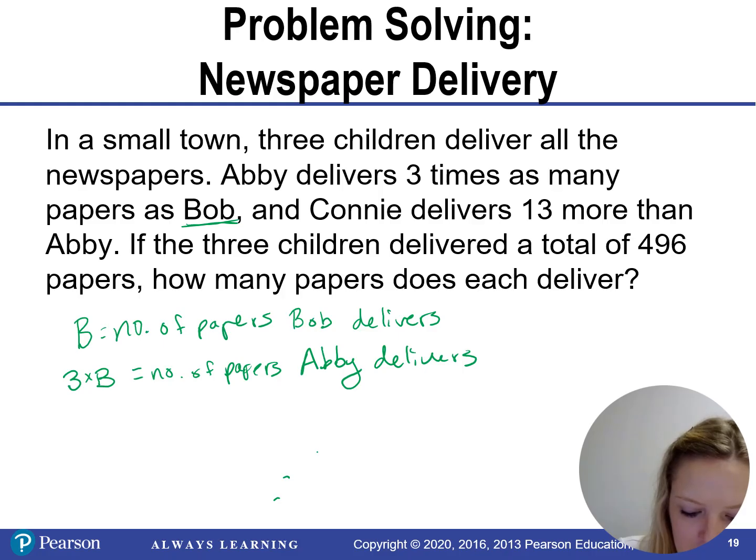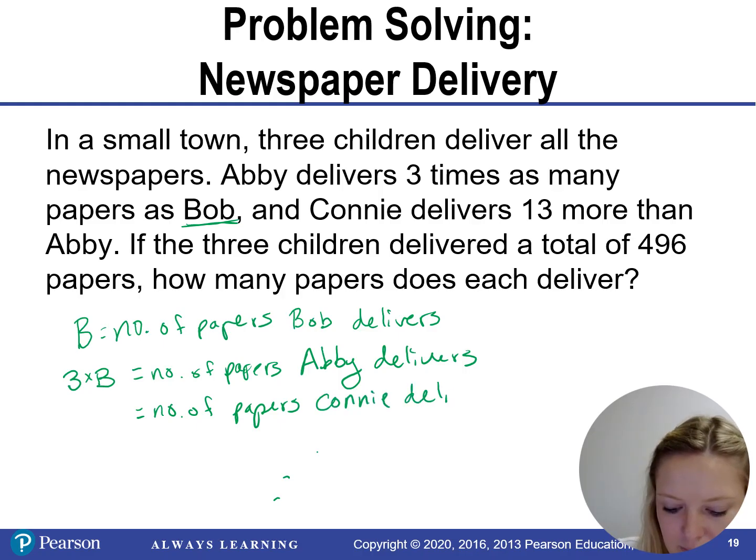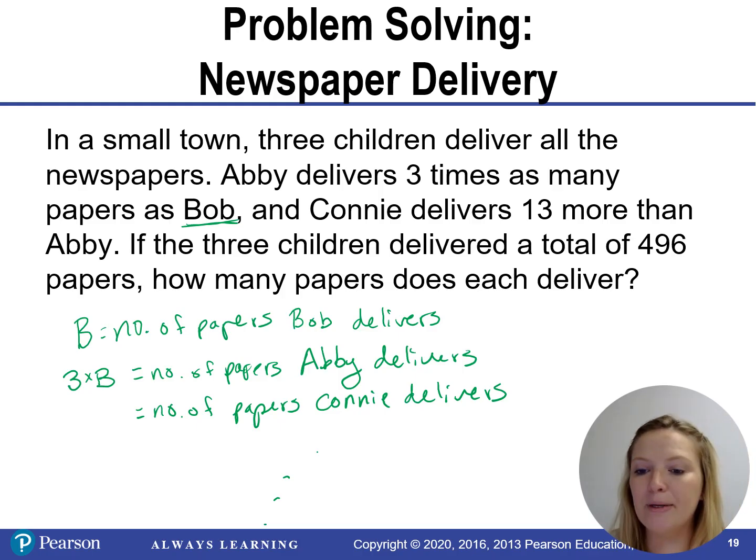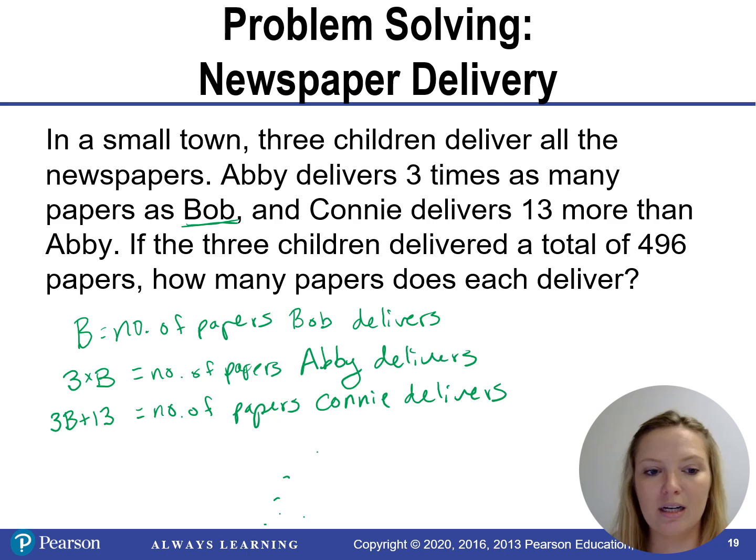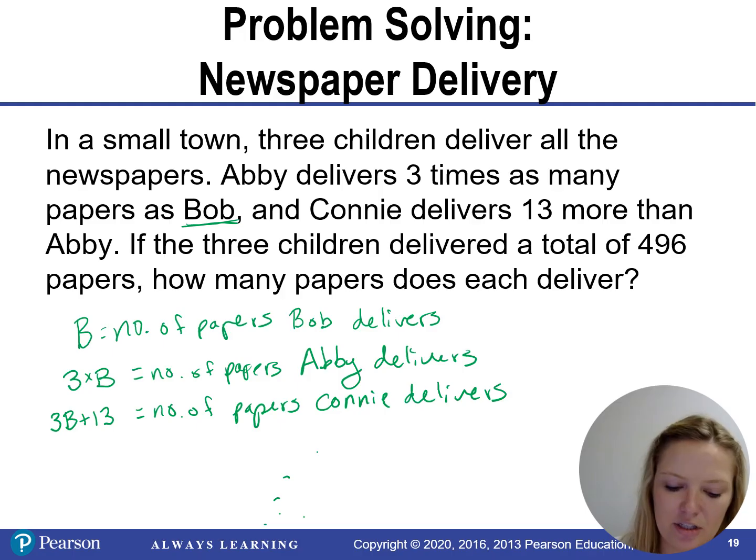So Connie is going to deliver the number of papers Abby delivers plus 13. So Abby delivers 3 times B, and then Connie delivers 13 more than Abby. So we can nest these representations a little bit.